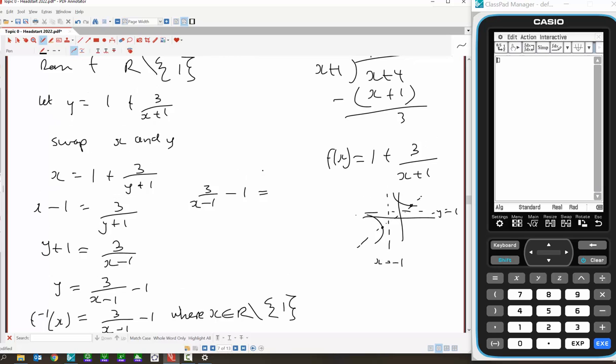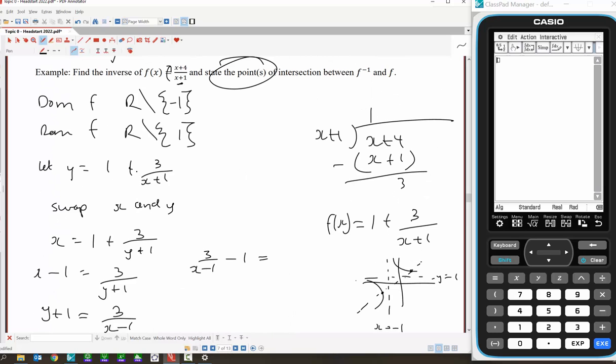equal. Now, we've got a couple of choices. We can let it equal the original, or we can just let the inverse equal x, because remember, one of the first notes we had in this section was that a function will intersect its inverses along the line y equals x. So we can just let it equal x and solve from there.